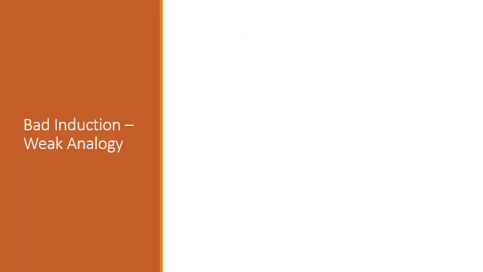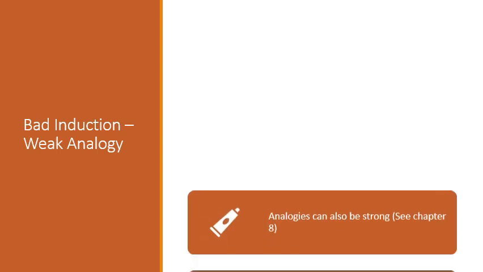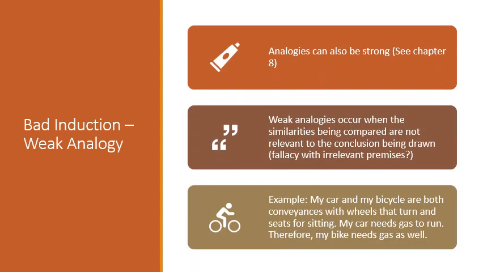Okay, the other induction that we're going to talk about is analogies, and again, analogies can be good. In Chapter 8, we'll again discuss what a strong analogy looks like. But essentially, what happens with any analogy, weak or strong, is you compare two things, and from that comparison, you try to draw conclusions about one of those things.